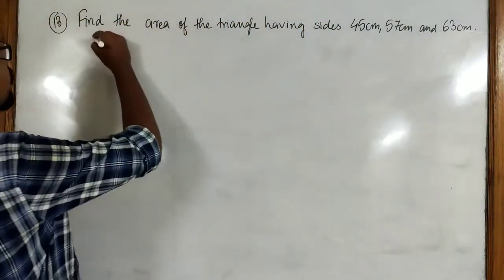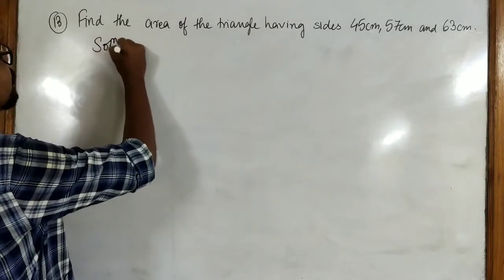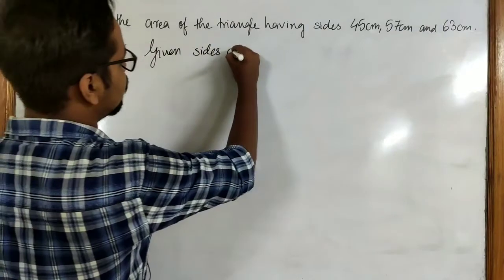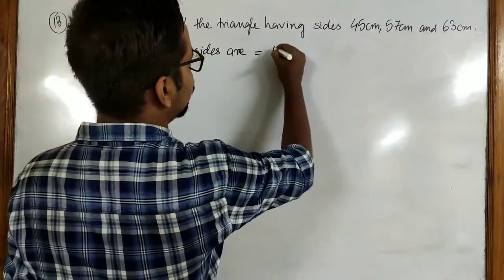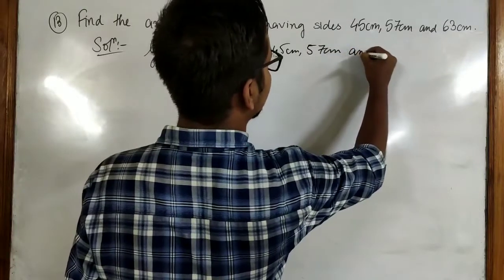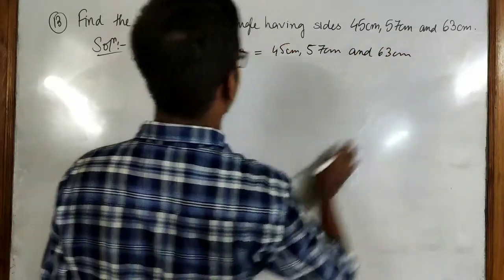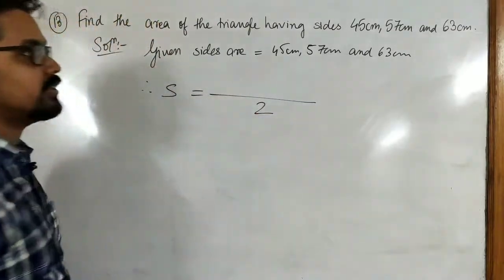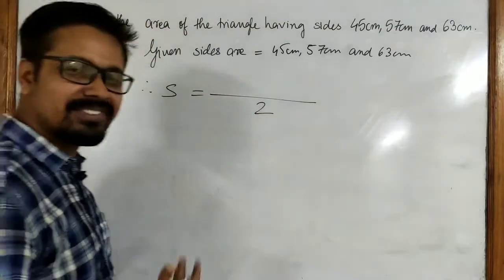First let us see what the sides are. We need to write the given sides: 45 centimeter, 57 centimeter and 63 centimeter. Therefore S is the semi-perimeter, that means half of the perimeter.